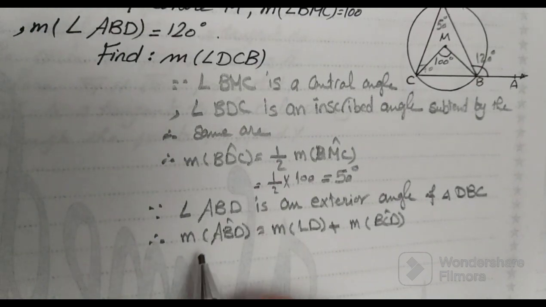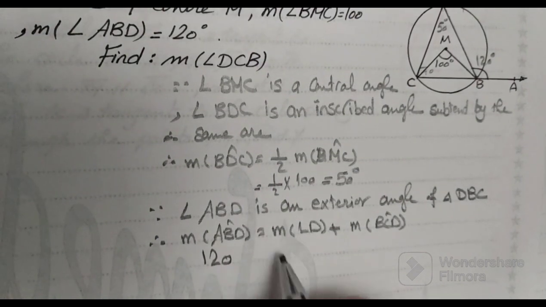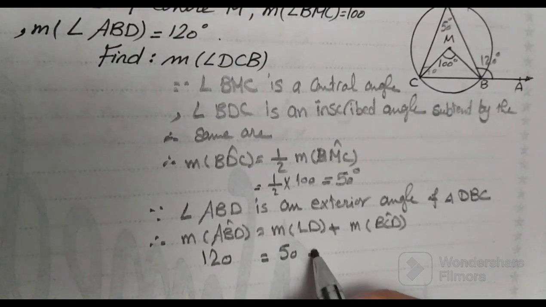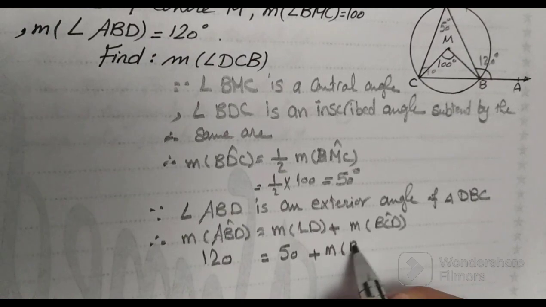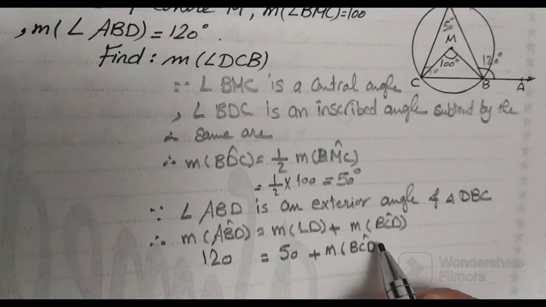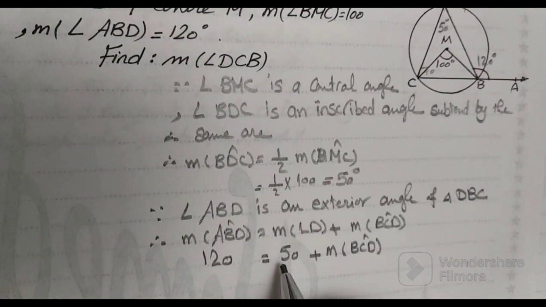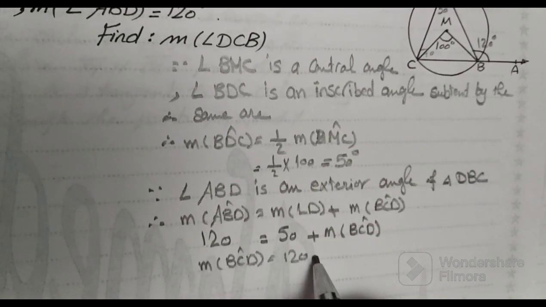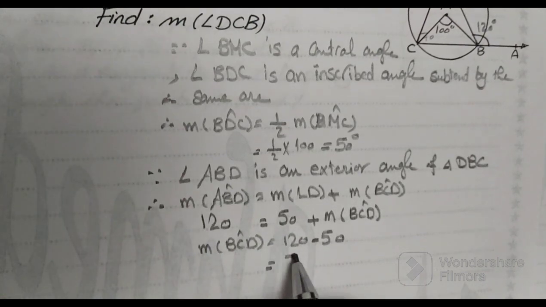The measure of angle ABD equals 120, the measure of angle D is 50 degrees plus the measure of angle BCD. We put 50 on the other side by changing the sign. The measure of angle BCD equals 120 minus 50 equals 70 degrees.